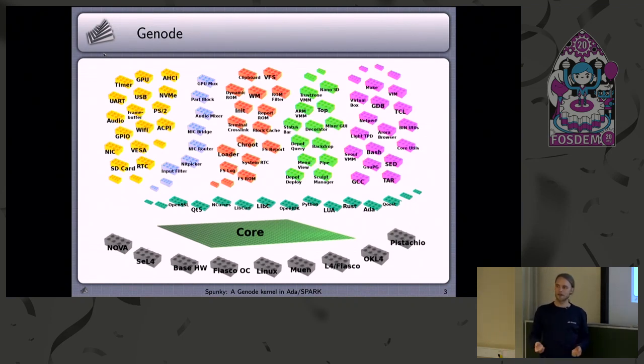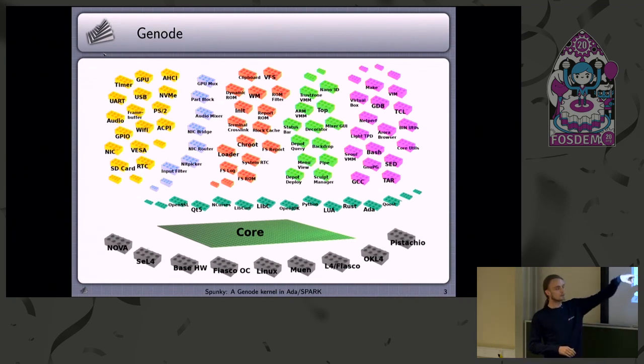In our office we actually use our own desktop system built on Genode for working. You can see there are a lot of drivers for the most common hardware on x86 and ARM. Then you have native resource multiplexers like the router for networking, an audio mixer, and so on.